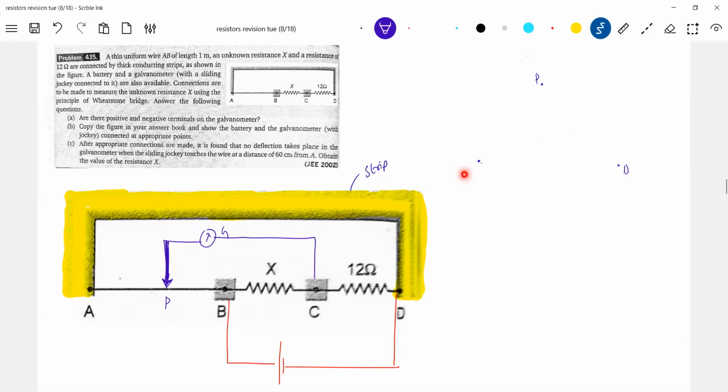So sorry. AD common. Okay, B, C is here. Let's take this one. So between B and D, there's a battery.